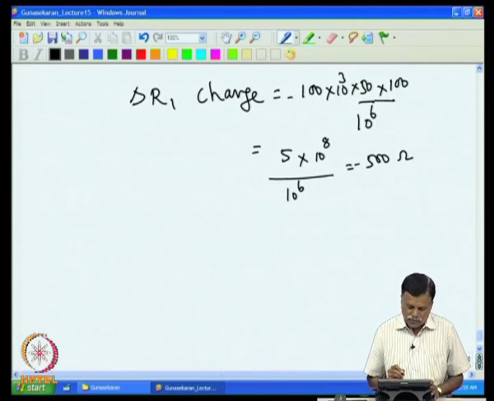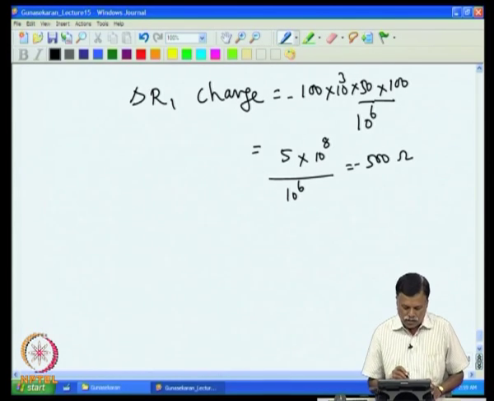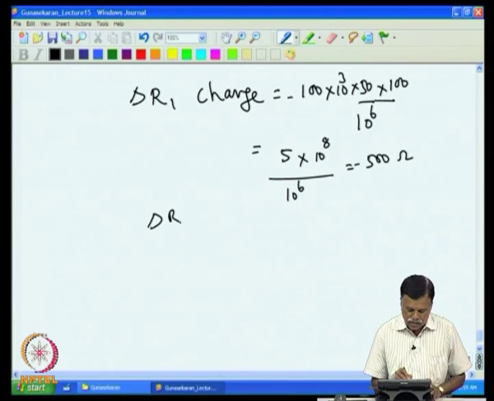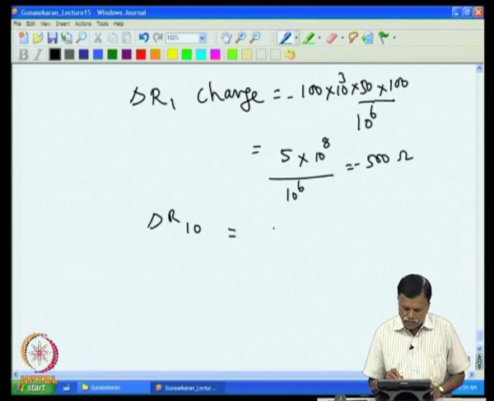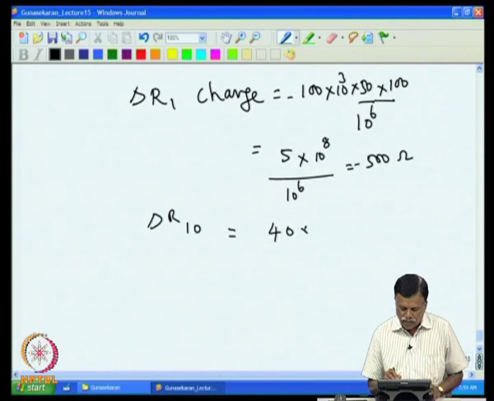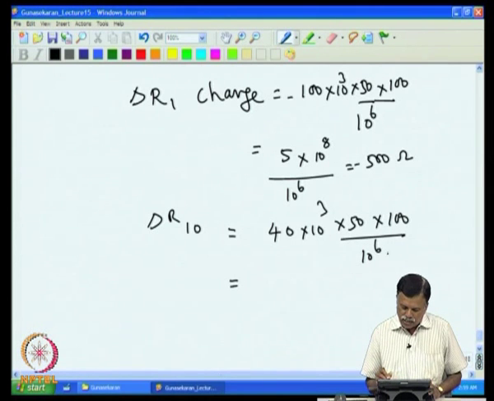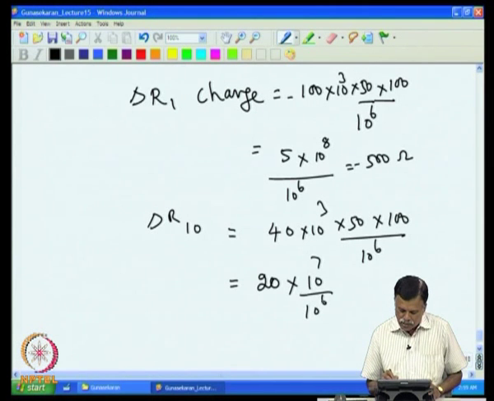Then we can also find out the change in R10. So, delta R10 would be 40k into the same 50 ppm into 100 degree C, divided by 10 power 6. That is the expected change in resistance. That comes out to be 200 ohms.